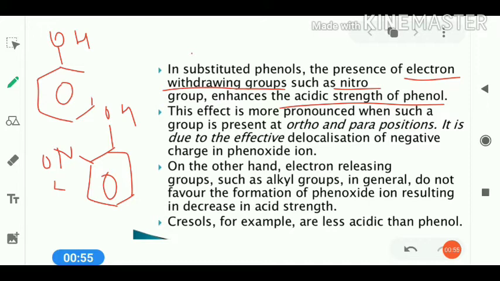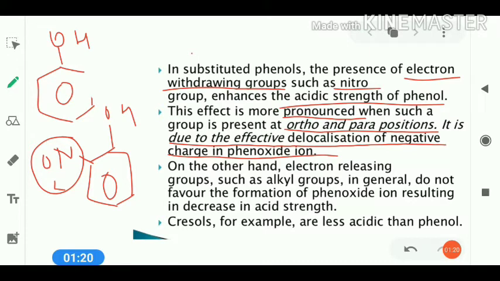The effect is more pronounced when such a group is present at ortho and para position, because of the effective delocalization of the negative charge in the phenoxide ion.